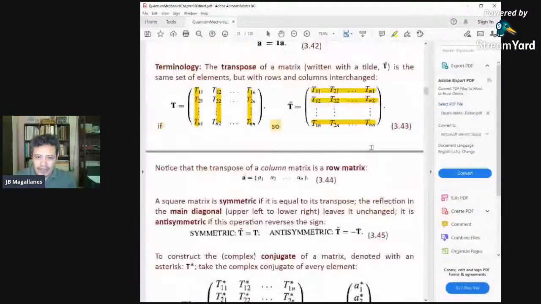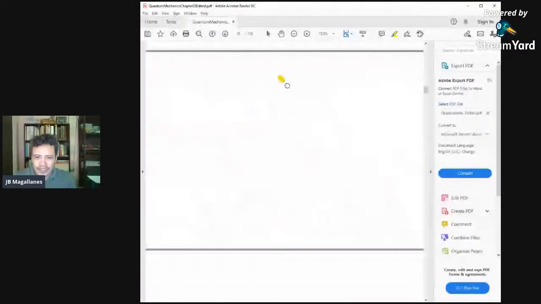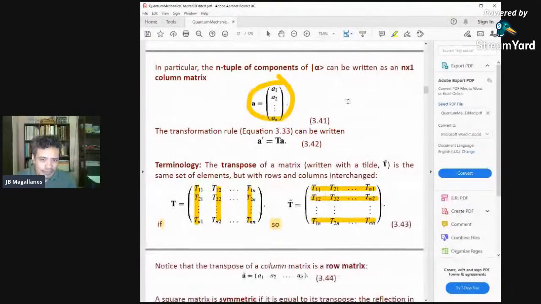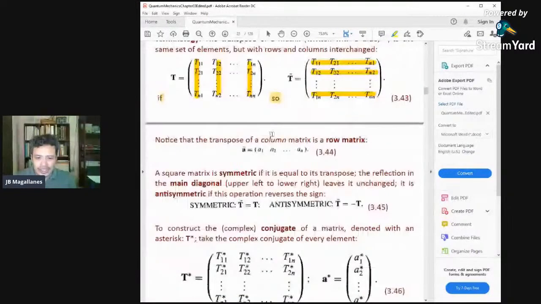In this matrix representation of the column matrix, the transpose would just be a row matrix. So this is the transpose of the row matrix.